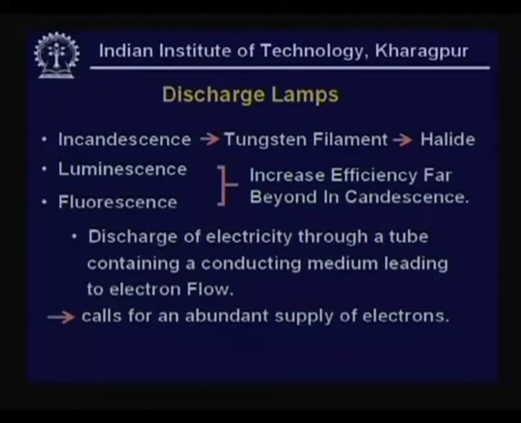So, we can see here, we say that the combination of luminescence and fluorescence increase the efficiency. When we are talking about efficiency in a lighting system, we are talking in terms of the light output per every watt of energy that is consumed. So, it says increase efficiency far beyond incandescence.